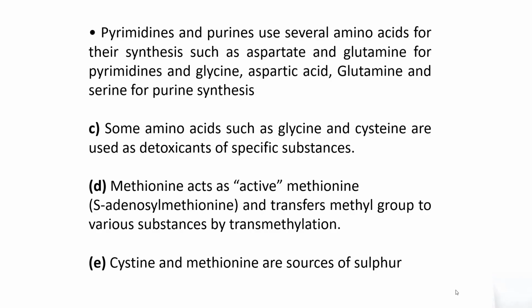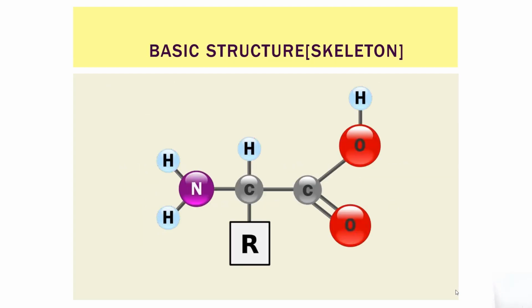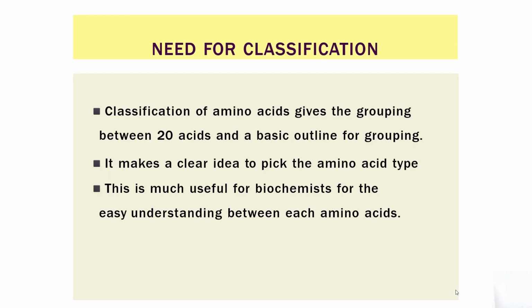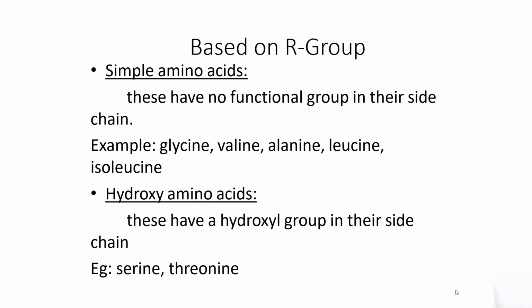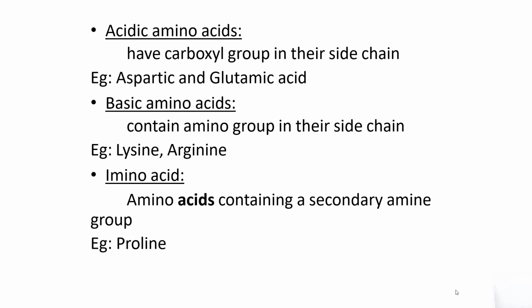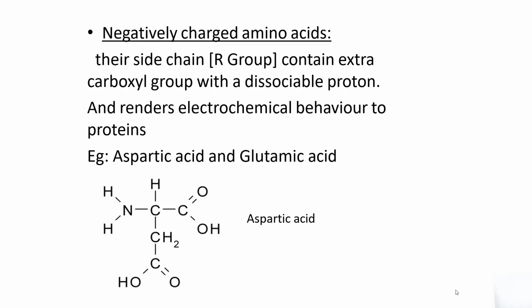Cysteine and methionine are sources of sulfur. So I've already discussed the amino acids, and I am not going to go into detail again and again. So basically you are talking about the nutritional classification.